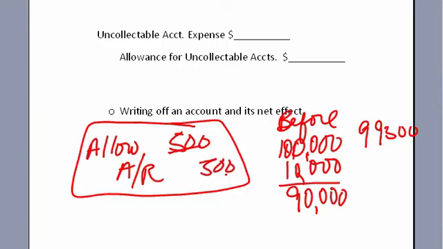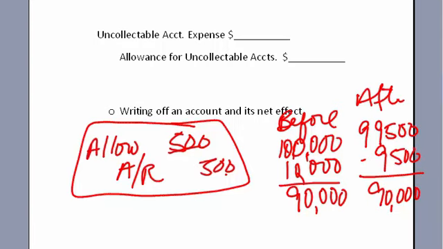We just took $500 out of the allowance, so we've got $9,500 in the allowance, and when we subtract that, we get $90,000. So before and after we write somebody off, notice that the dollar amounts are exactly the same. So when we write somebody off, there's no net effect to the balance sheet.